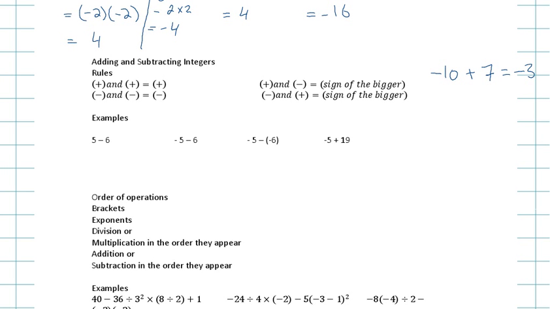How about negative 5 minus 6? So negative 5 take away 6 is, I heard you guys say it, negative 11.